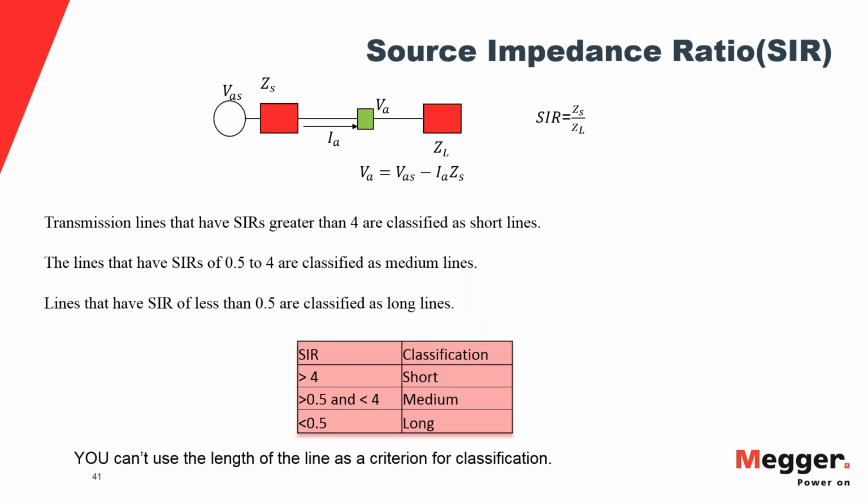Remember, I mentioned this and I want to make it clear again: it's not the length of the line in kilometers, it's the value of the source impedance ratio that you have to consider.